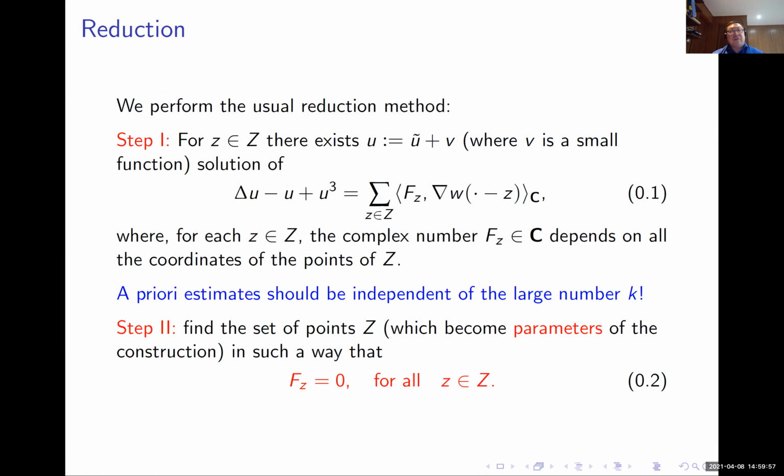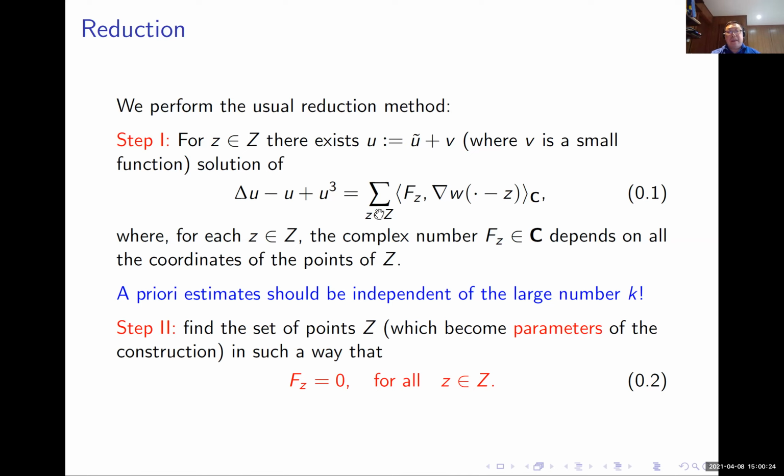So how do we do the reduction? We do the usual reduction. Just like before, in the first step, we solve the problem up to some Lagrange multiplier, which I write in this form, F_z. Think about F_z as a force at each point.